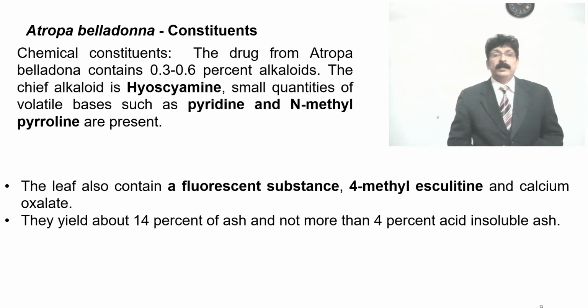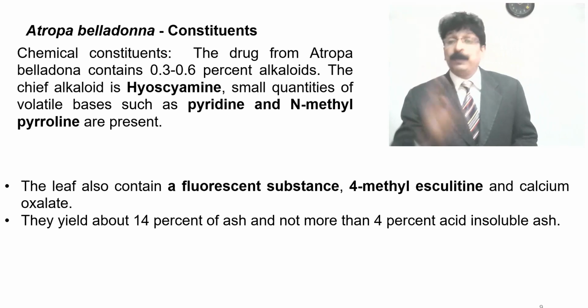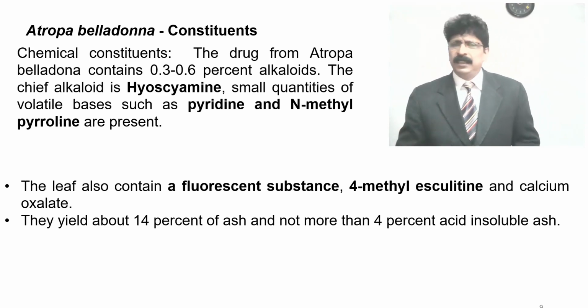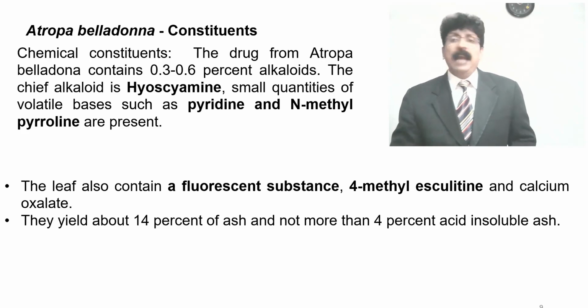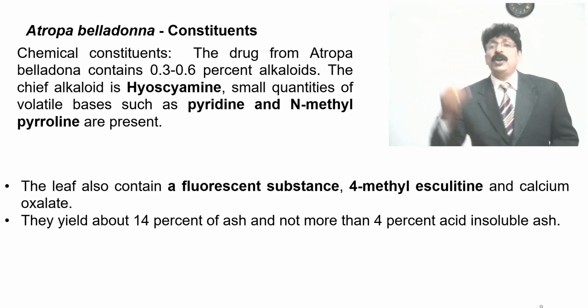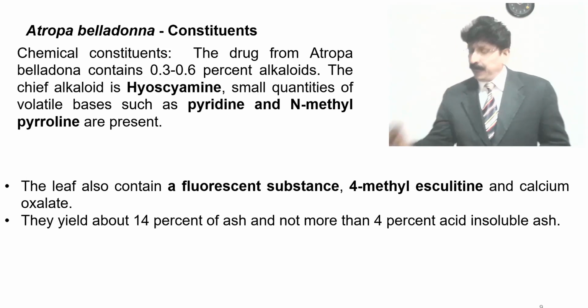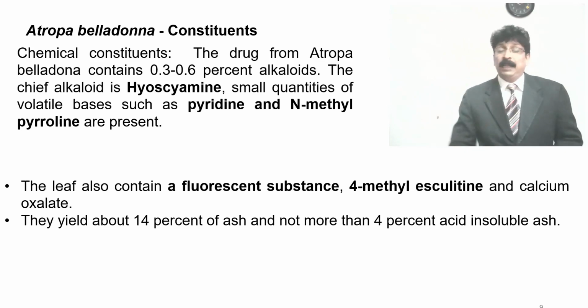They yield about 14% of ash and not more than 4% acid insoluble ash. This is about physical parameters which you might have studied in the evaluation of crude drugs chapter: ash value, moisture content, refractive index, foam index. This all comes under physical evaluation of crude drugs.